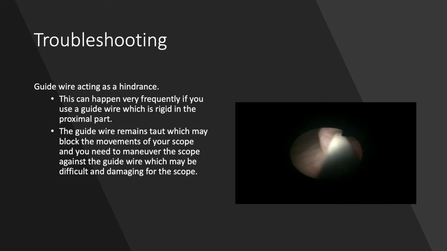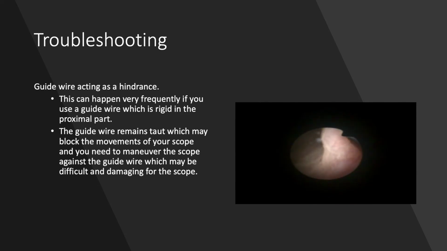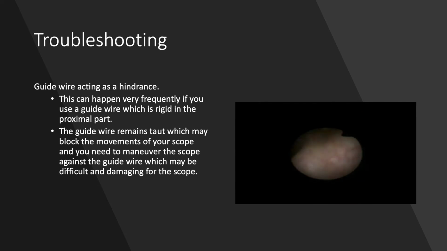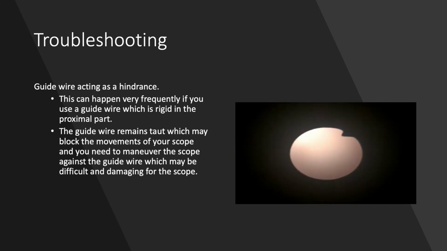This can happen very frequently, especially if you are using a guide wire which is rigid in its proximal part. Most of the guide wires are like this. The guide wire remains taut and blocks the movements of your scope. You need to maneuver the scope against the guide wire for a long time. This may be damaging for the scope, and we would like to avoid this.